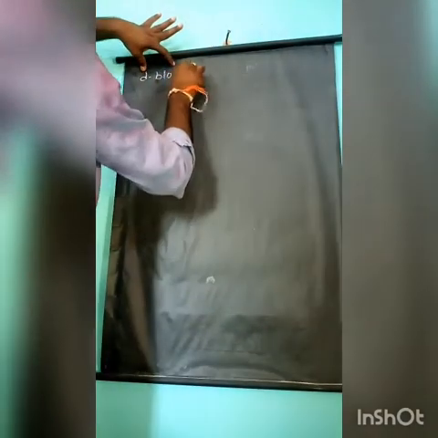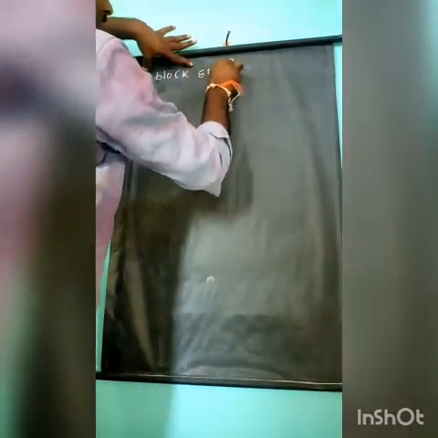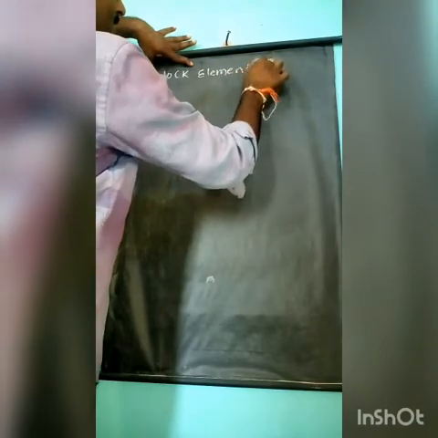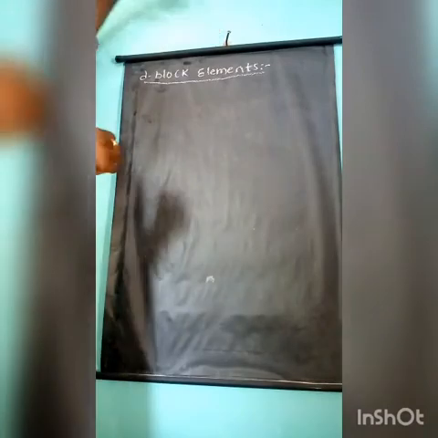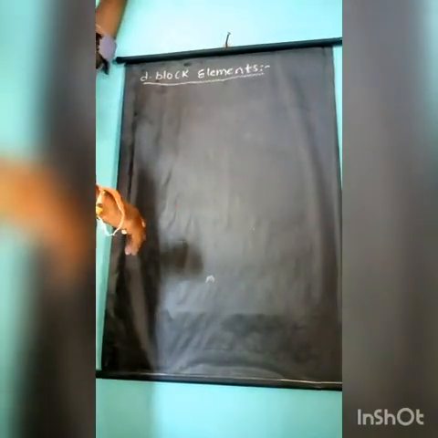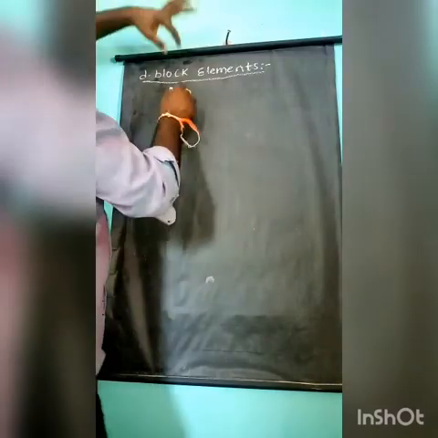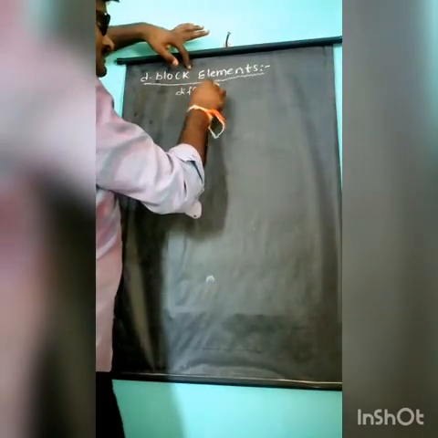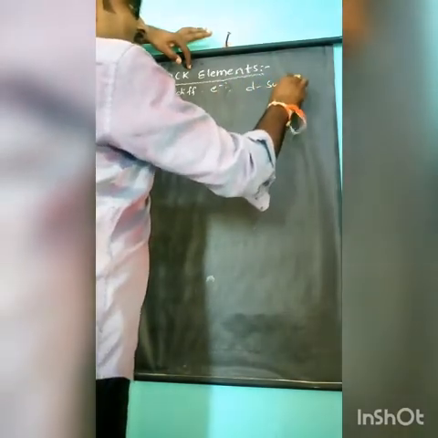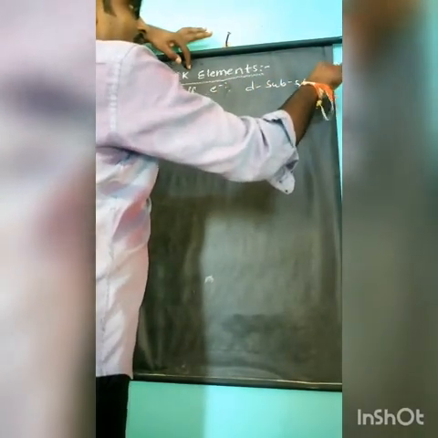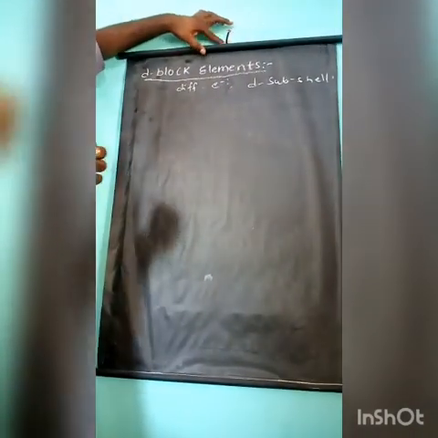How do we define the d block elements? The elements in which the differentiating electron enters into the d subshell are known as d block elements.